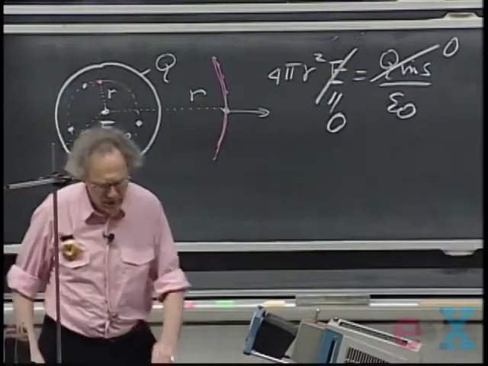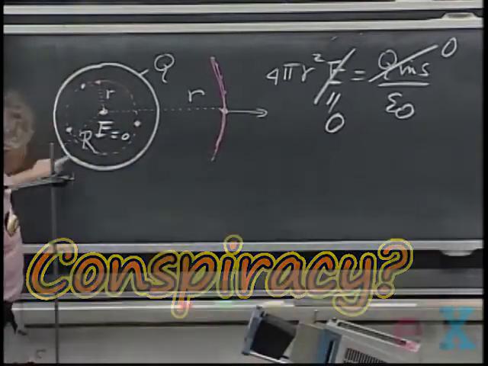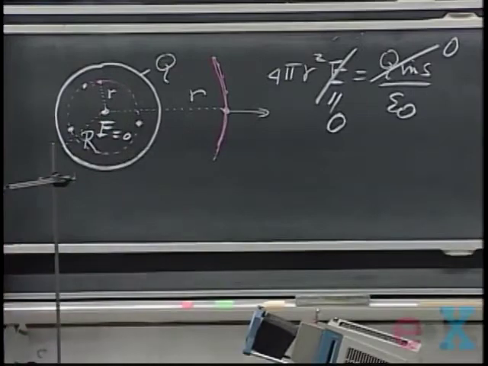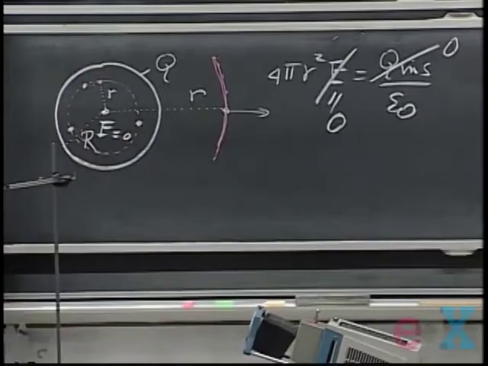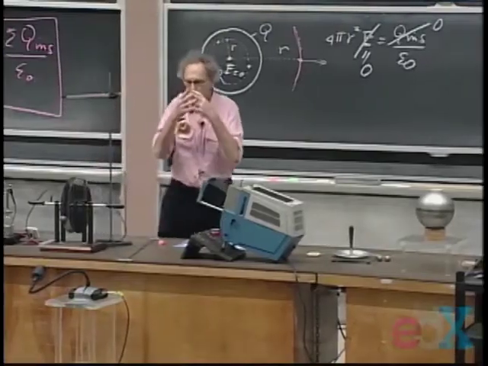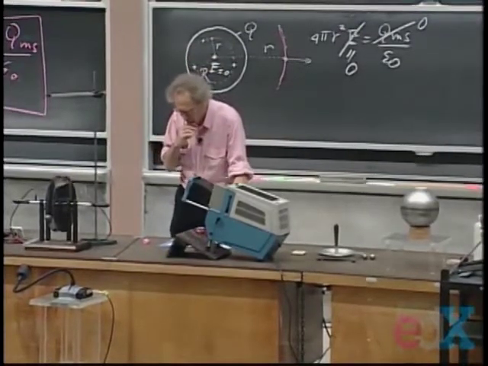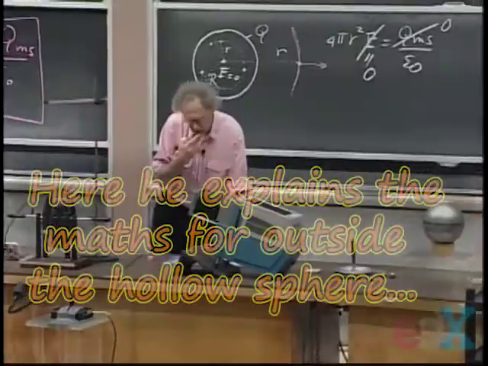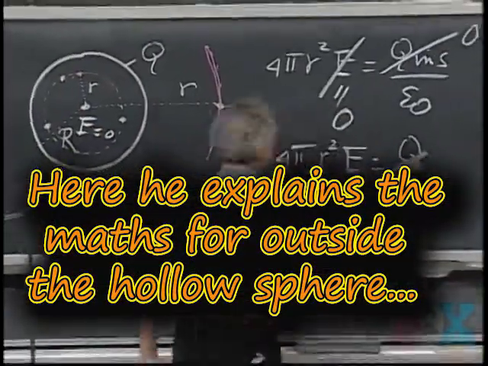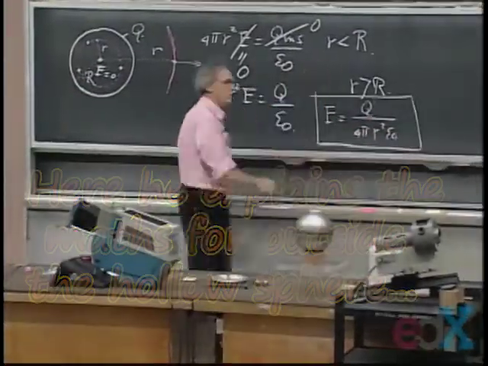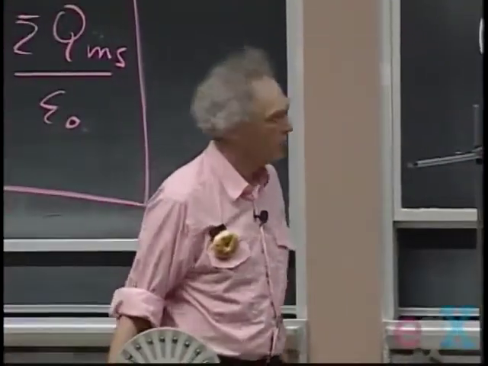And it means there is some crazy conspiracy of all these charges that are uniformly distributed here, which each individually contribute to the electric field inside through Coulomb's law, that all those together, through a conspiracy, make the E field everywhere inside zero. It's a non-trivial result.